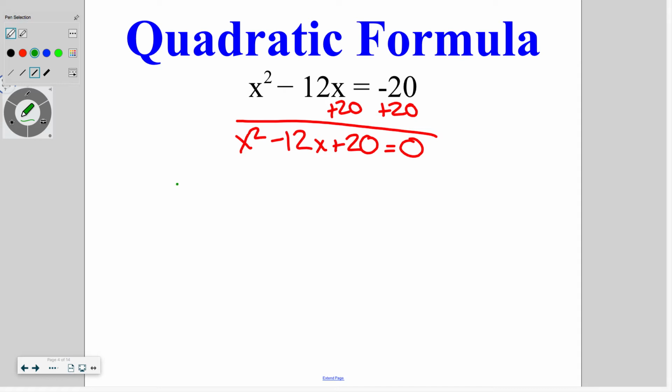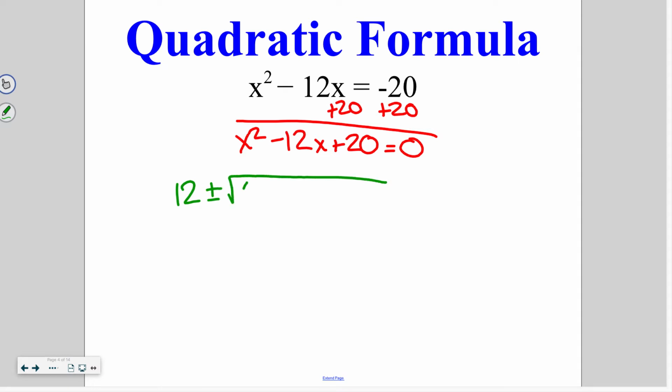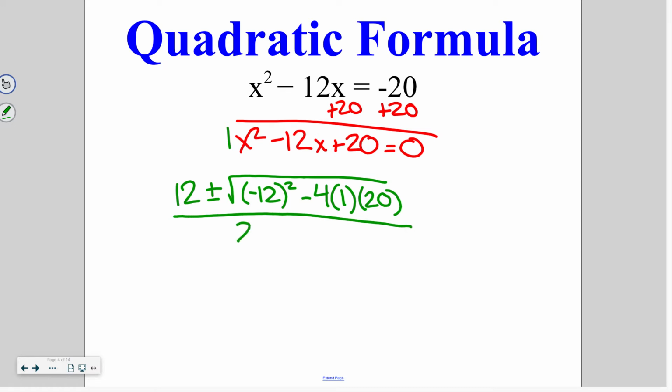So I'm going to have 12 plus or minus the square root of my b value squared, so negative 12 squared, minus 4 times a, which in this case is 1, times c, which is 20, and that whole thing is going to be divided by 2 times the a value.